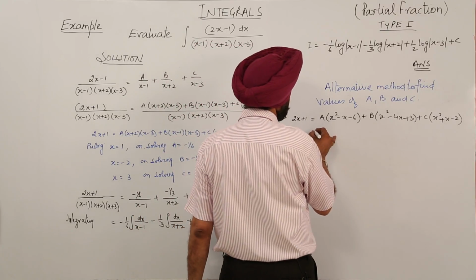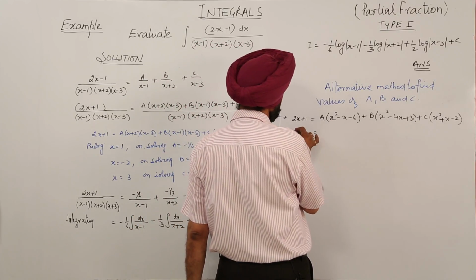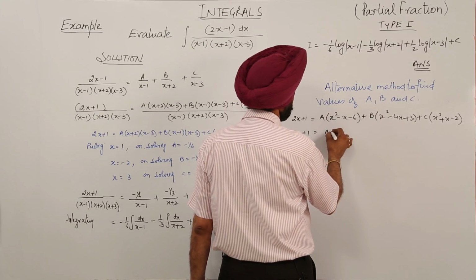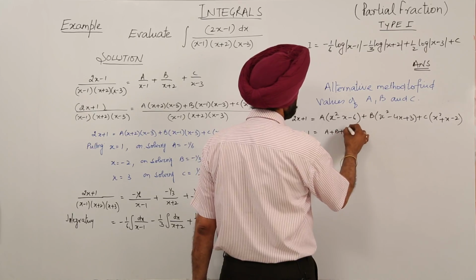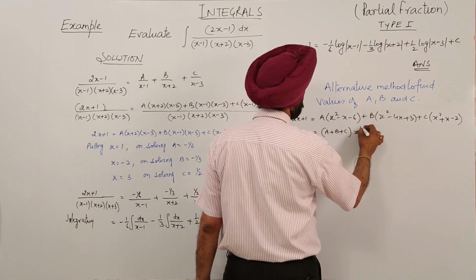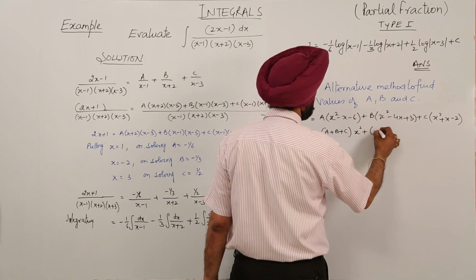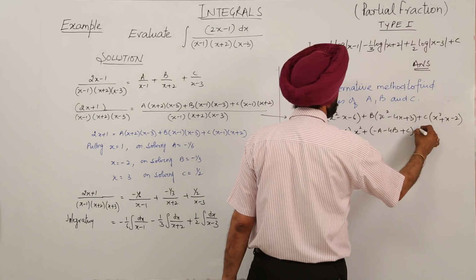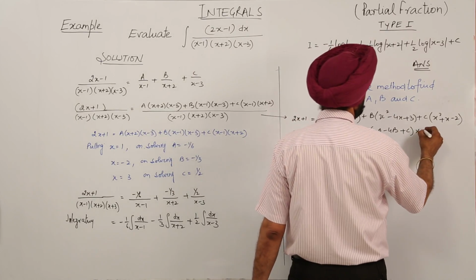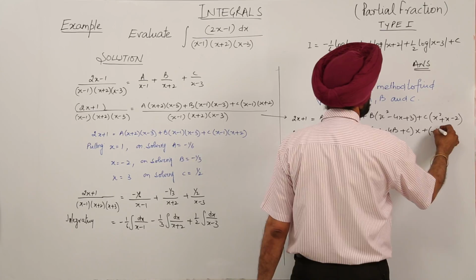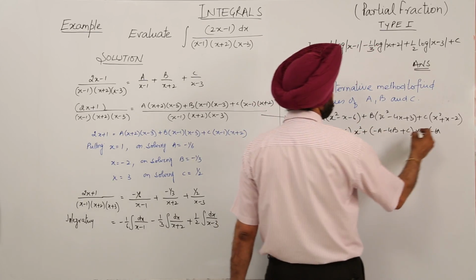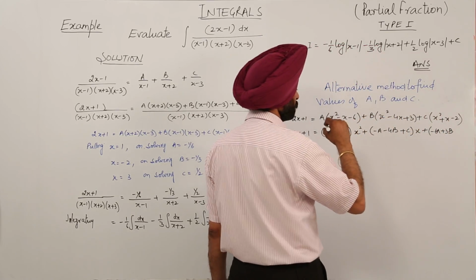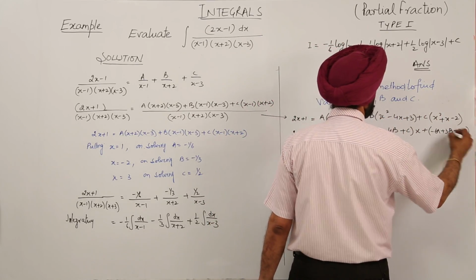Now opening the brackets and writing in the coefficient forms, what we are getting: 2x + 1 is equal to (A + B + C)x² + (-A - 4B + C)x + (-6A + 3B - 2C), this one.